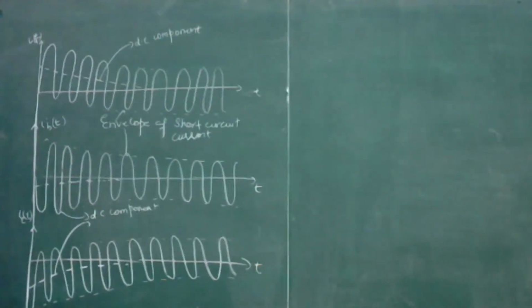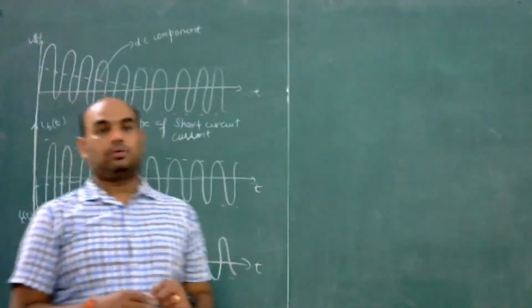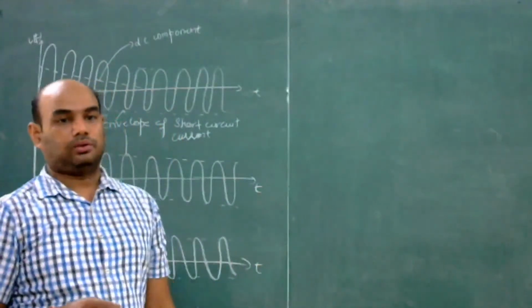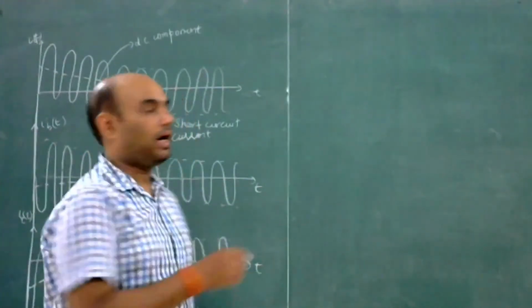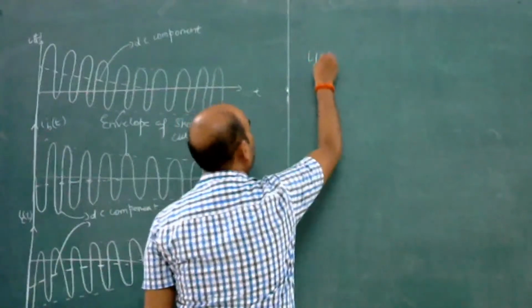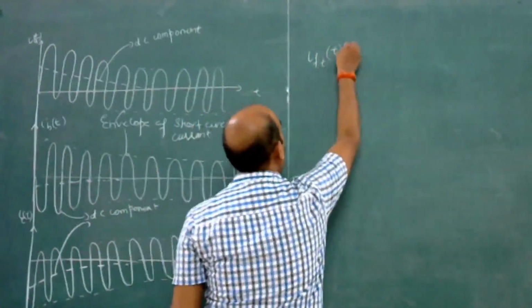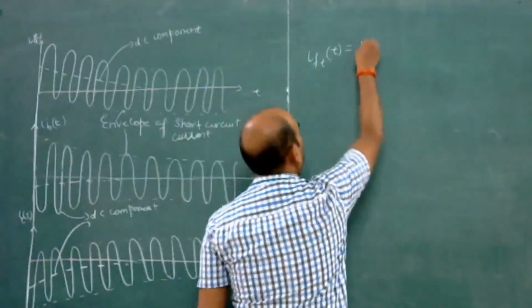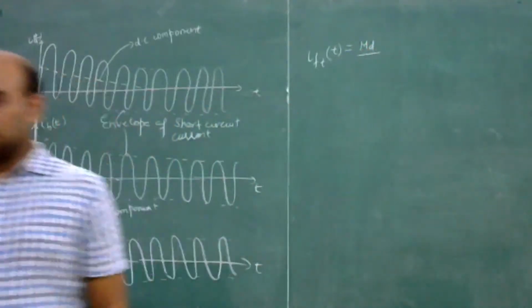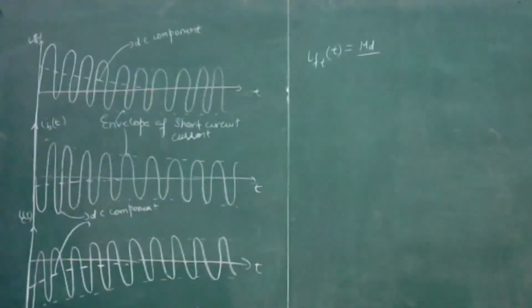Similarly, we can find the value of field current. Transient field current can be obtained by substituting the value of id. So ifT(t) is equal to Md by Lf times idT.